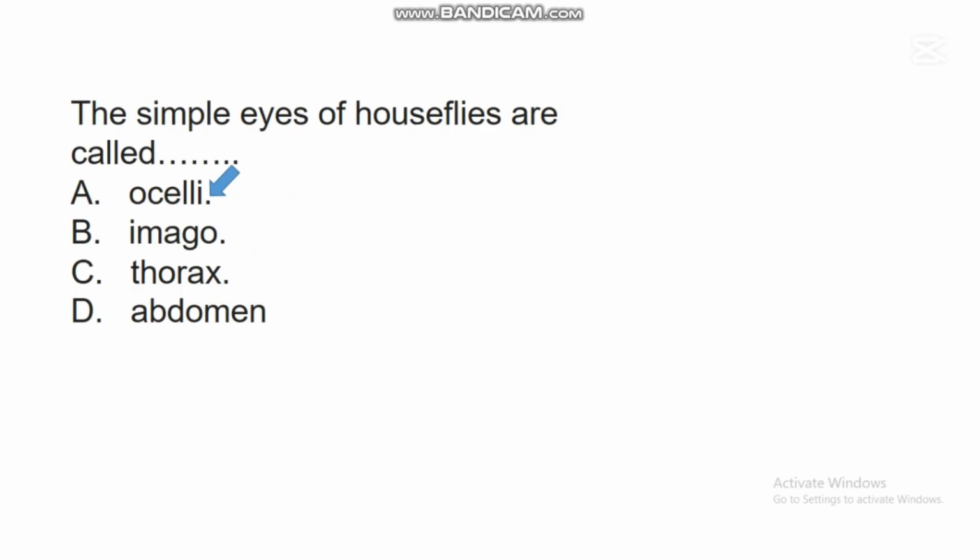They are called simple eyes because the structure or the arrangement of these eyes is not that complex compared to the compound eyes they possess also.